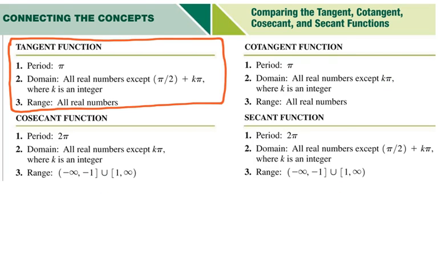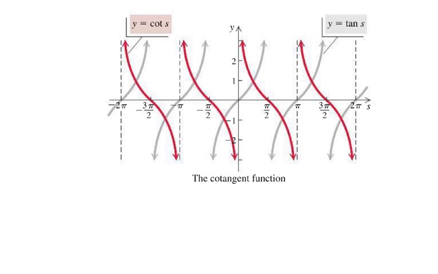So let's just look at the graphs of those without actually doing them by hand. So this red graph is the curve of y equals cotangent x. Now, we don't have a cotangent button on our calculator, so if we wanted to graph that, we would graph y equals 1 over the tangent of x.